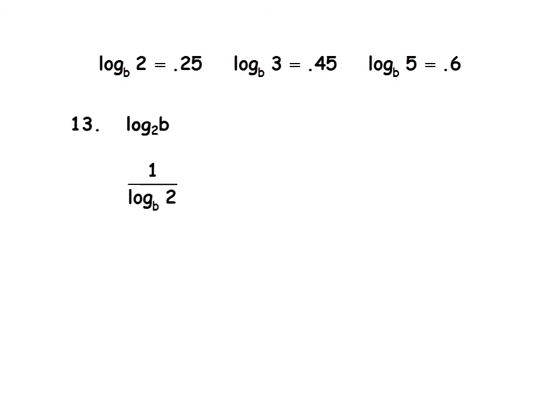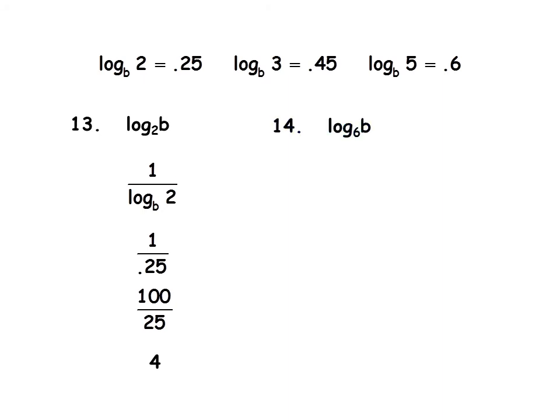So you can actually write this as 1 over the log b of 2, because that actually switches the base and the product. And now I know what the log b of 2 is. It's 0.125. But I can't have a fraction and a decimal all in one number. So if you multiply through by 100, you'll get 100 over 25, which you can reduce to 4.